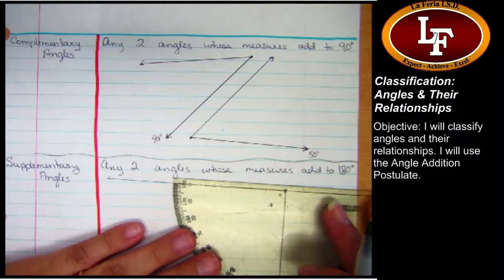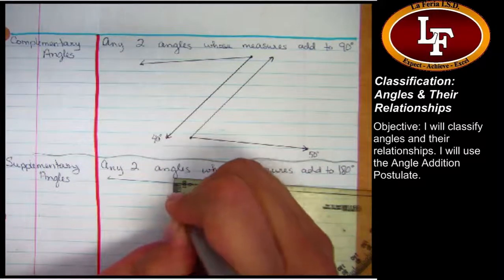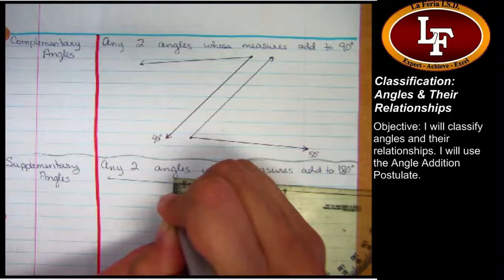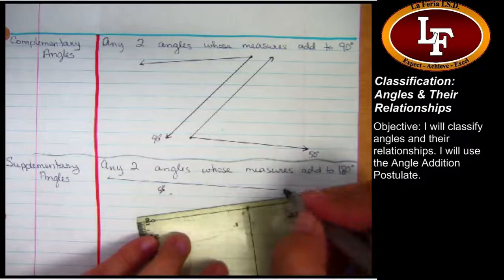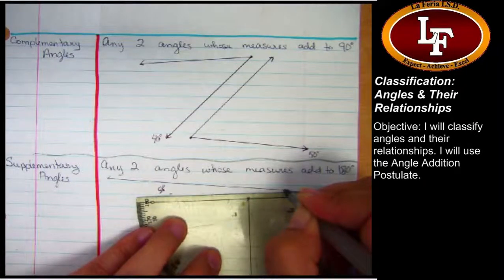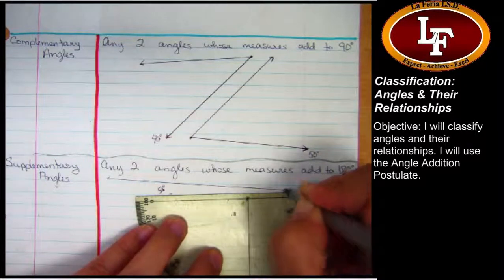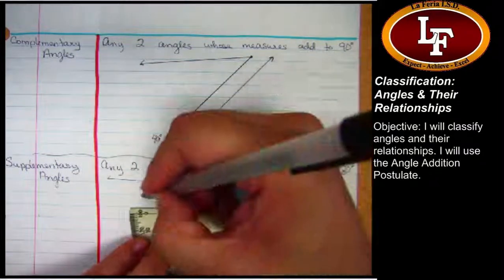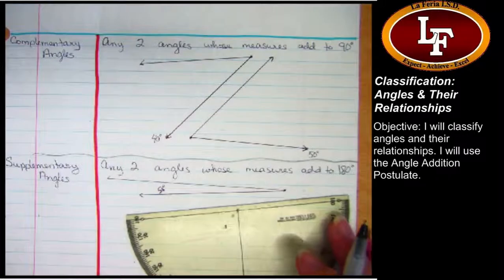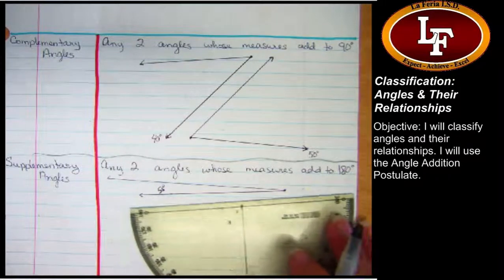I think I want to do a super skinny angle, so I'm going to put it at 5 degrees. Oops, not 50, 5 degrees. I'm going to grab my endpoint, grab my measurement marking point, and connect the two. There's my angle with 5 degrees.